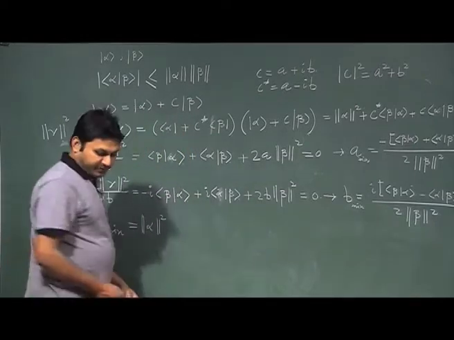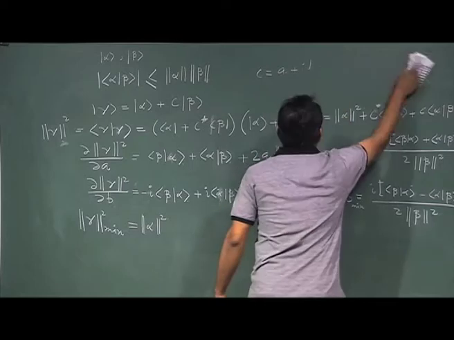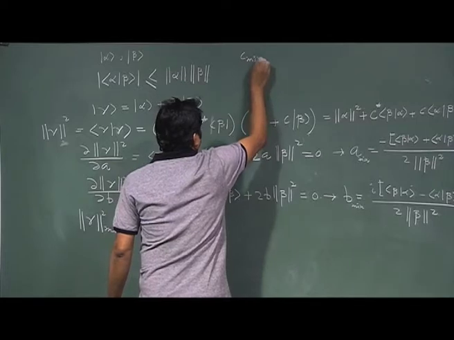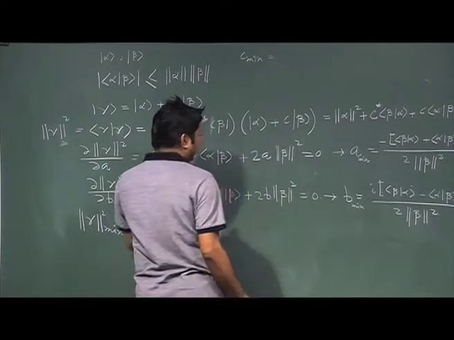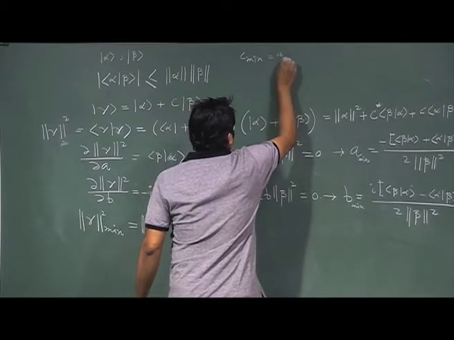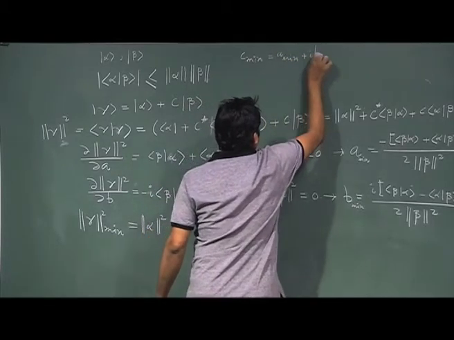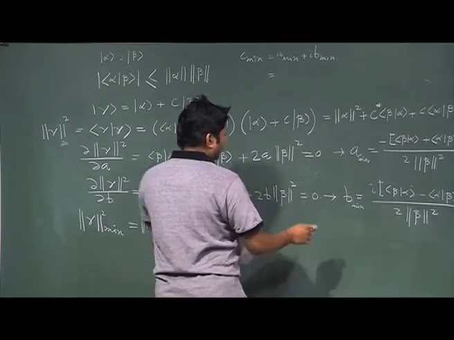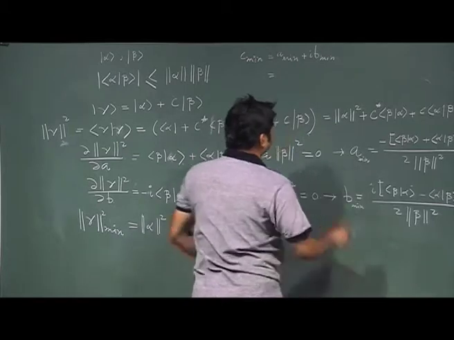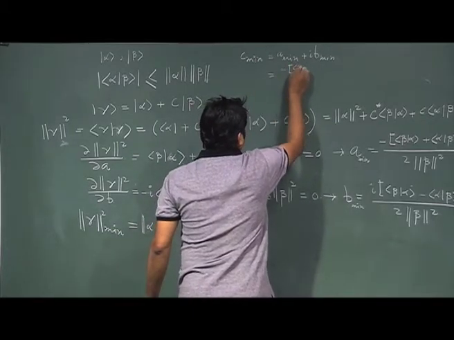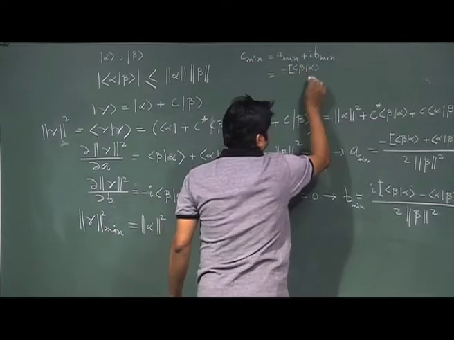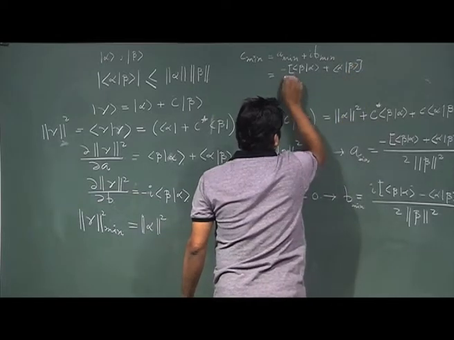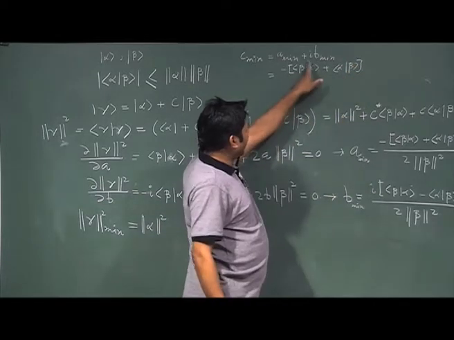So, let me construct it here, it will be easier. So, let me put my C minima. C minima is A minima plus i B minima, which is, if I multiply i here, so it will be minus of beta alpha plus alpha beta, then I multiply i with this quantity.